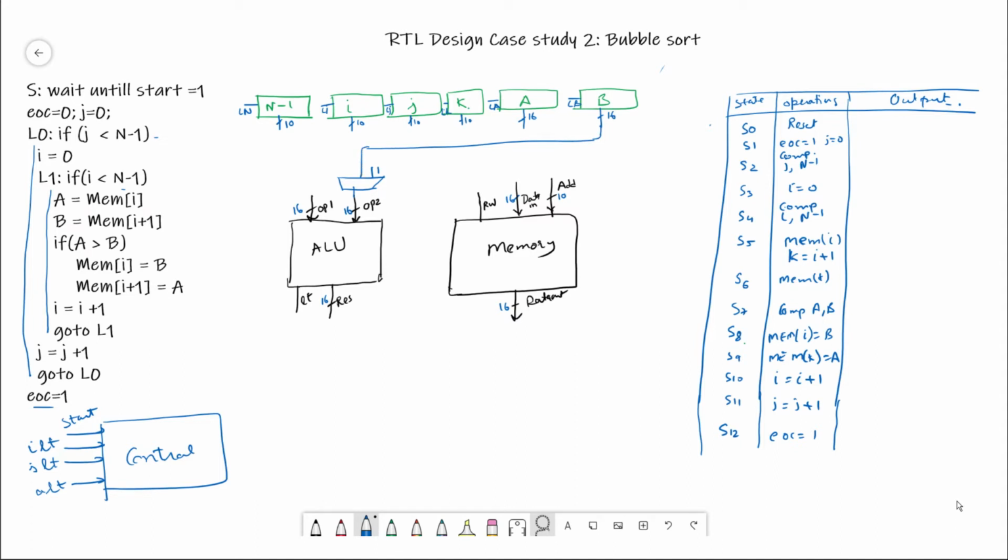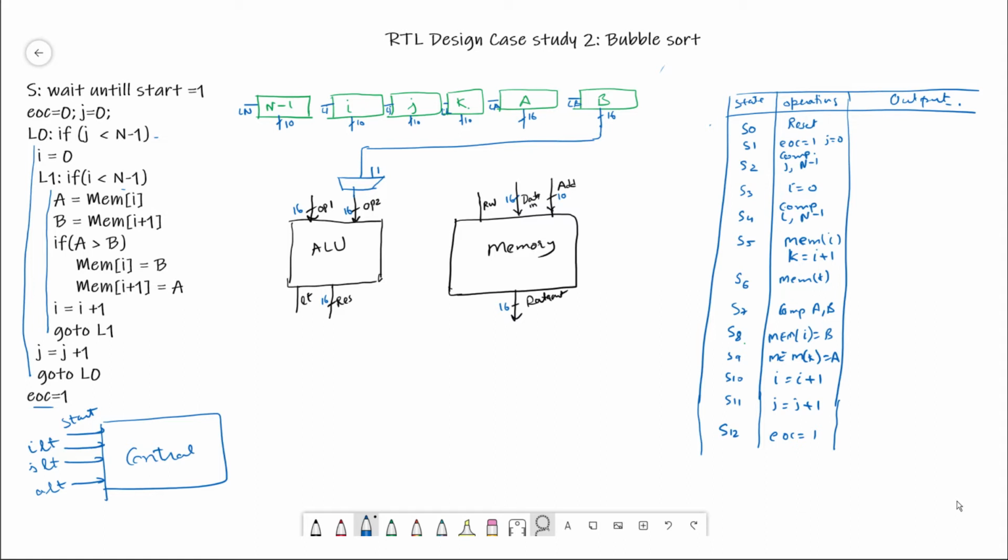We are using this ALU either for comparison or addition. For addition, k equal to I plus 1, j equal to j plus 1, I equal to I plus 1.